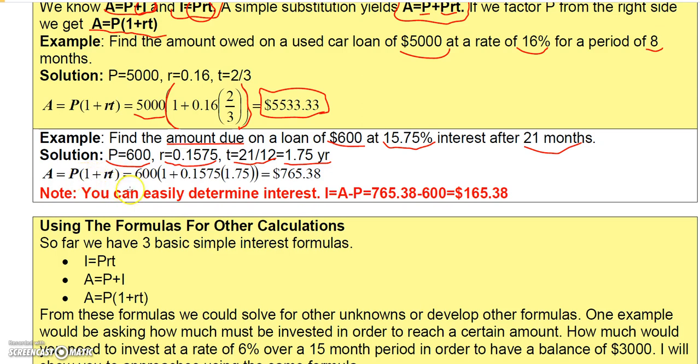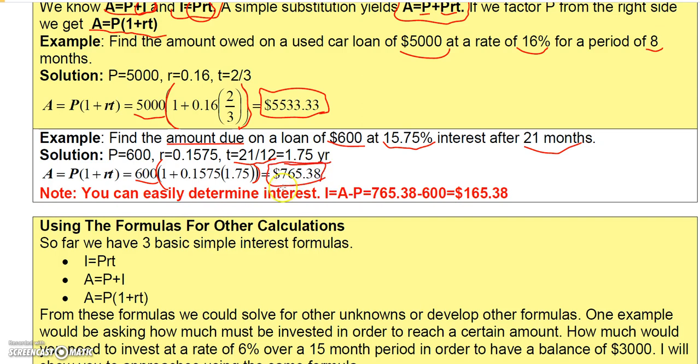Now, if we plug this information in here, we take 600 times the parentheses 1 plus 0.1575 times 1.75, and again, make sure all of that stays inside this outer set of parentheses. And then if you do it right on the calculator, you'll get $765.38.